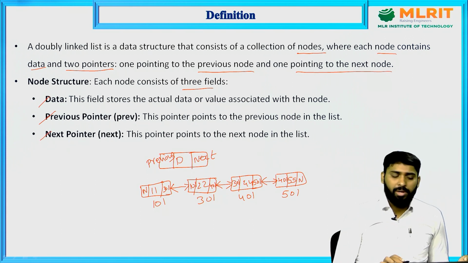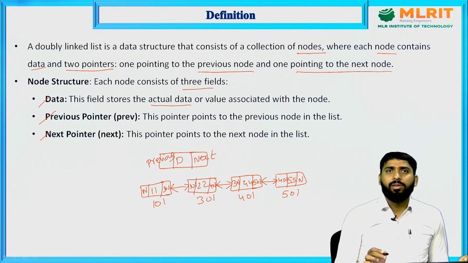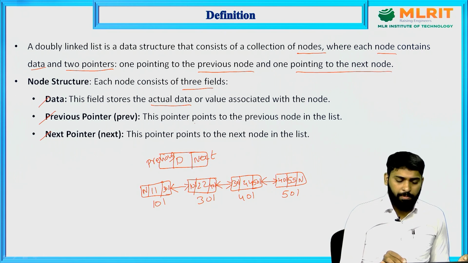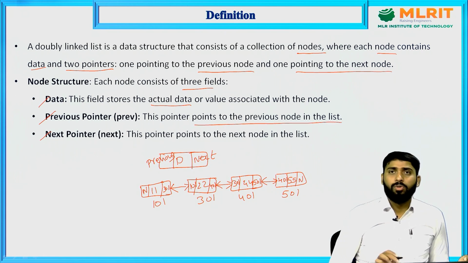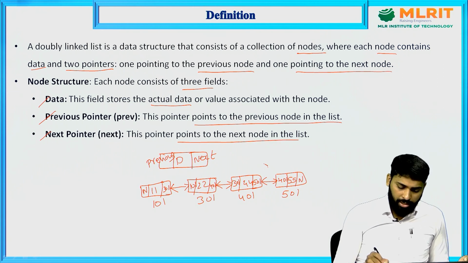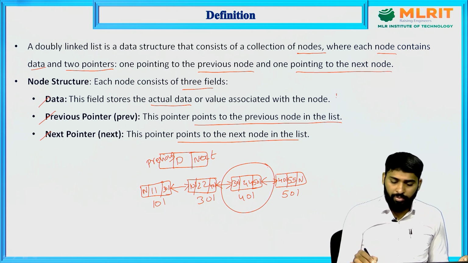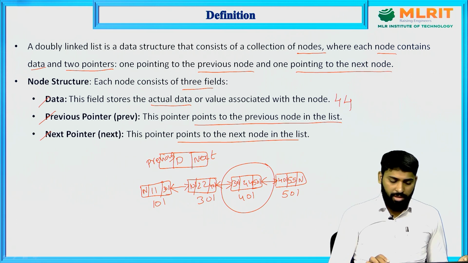So data part stores actual data or value associated with the node. Previous pointer points to the previous node in the list. Next pointer points to the next node in the list. So consider this node. For this node 44 is data and previous one is 301 and next pointer is 501.